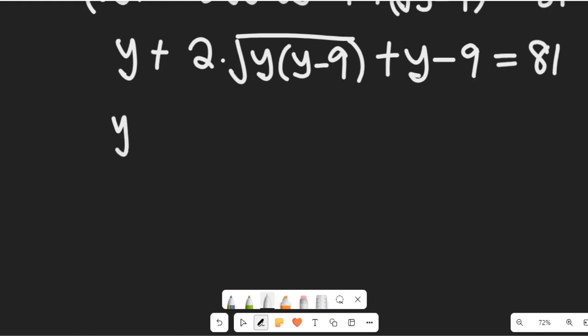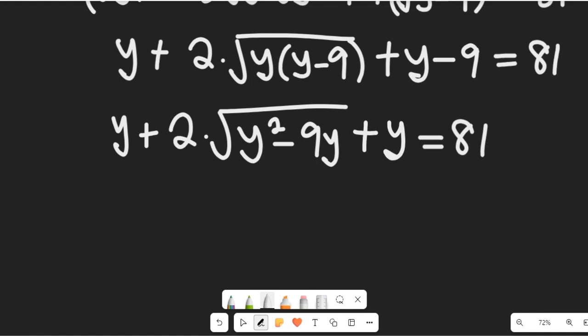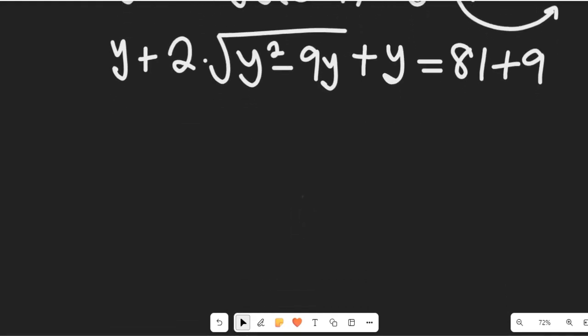So we're going to have y plus 2 multiplied by all in the square root will give us y squared minus 9y, plus y, and this will be equal to, collecting like terms, 81 plus 9, right? Because this will come over here, crossing the equal to sign to become a positive y.